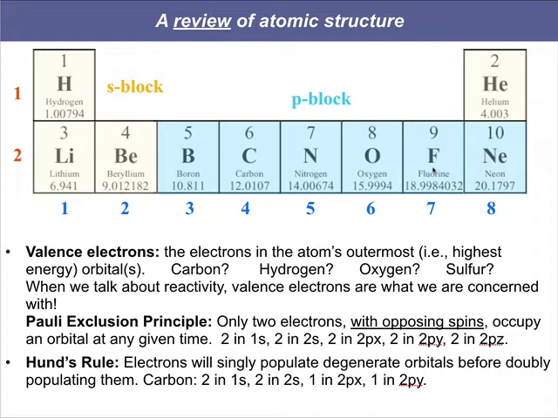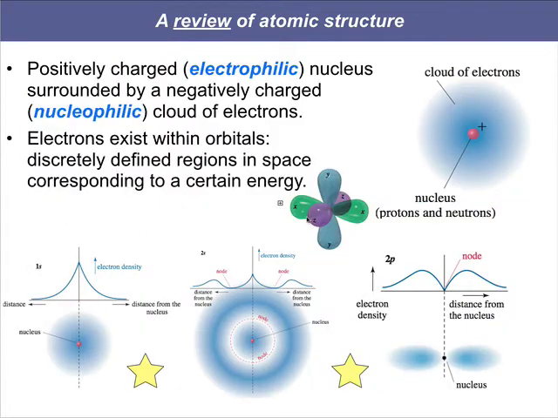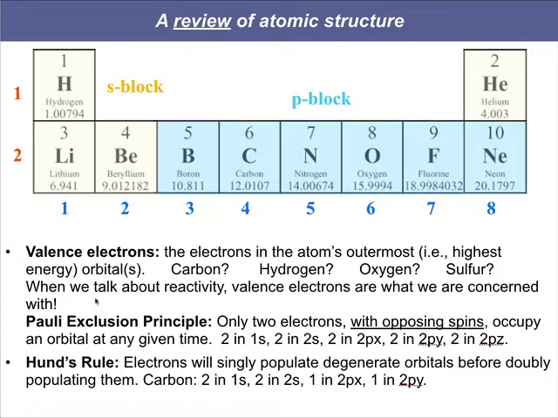Then Hund's rule says that electrons will singly populate degenerate orbitals before doubly populating them. So remember that the p orbitals, all 3 of the p orbitals that we showed here, where we had p in the x, p in the y, p in the z, those 3 are equal in energy. They are indistinguishable from one another other than the direction they happen to be pointing. So when we have degenerate orbitals like that, rather than populating them doubly, we populate them singly before pairing them up again.